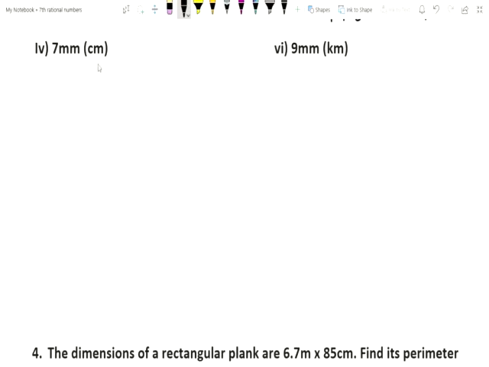Seven millimeter. We need to convert into centimeter. First write the order. Kilometer, hectometer, decameter, meter, decimeter, centimeter, millimeter. Millimeter is given, we are going to convert into centimeter. So divide by 10 because smaller to larger we are converting.